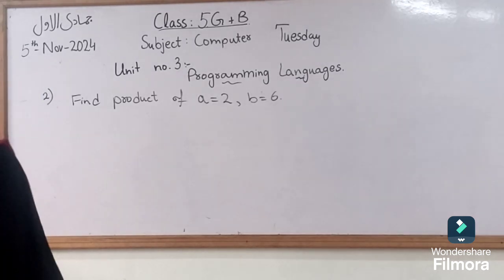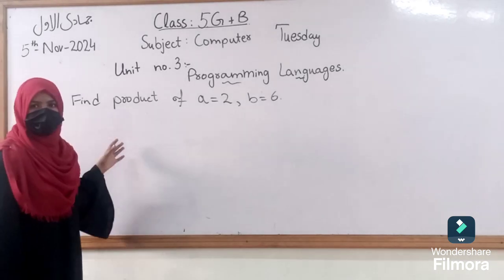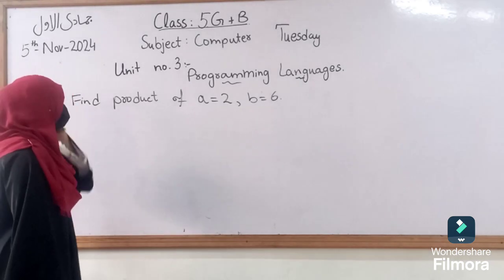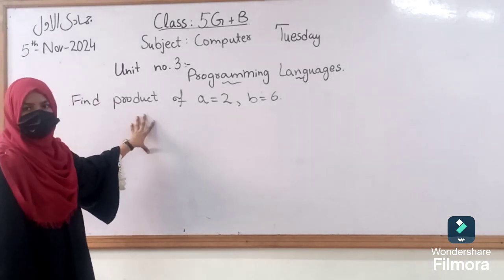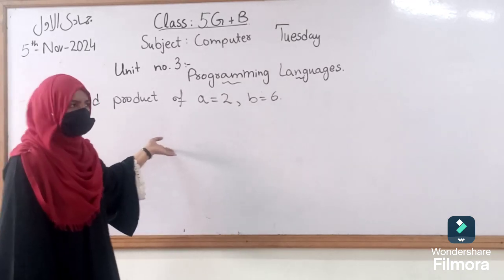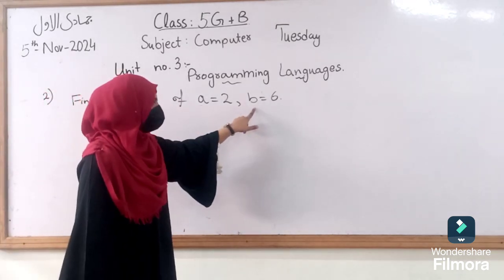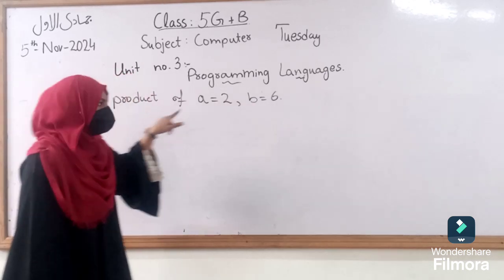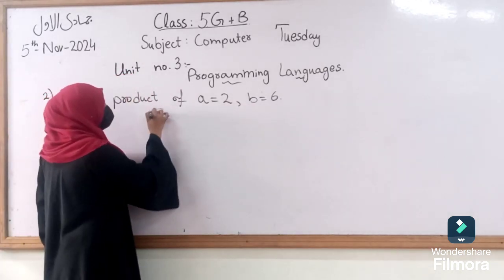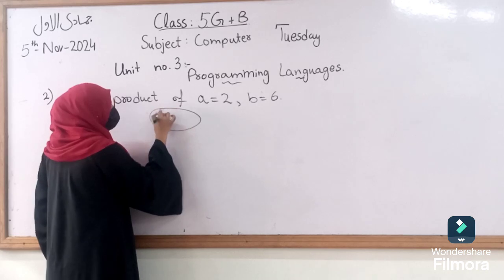So now students, let's talk about an example of a flowchart. You have a question here. This is the instruction that you will be given: find the product of the values a and b. So this is your question. First we will do the first step of making the terminal.